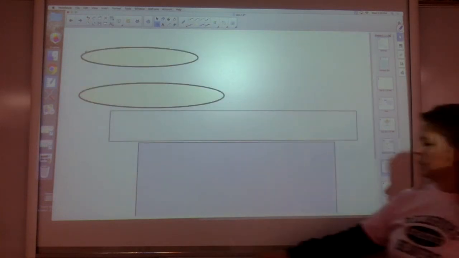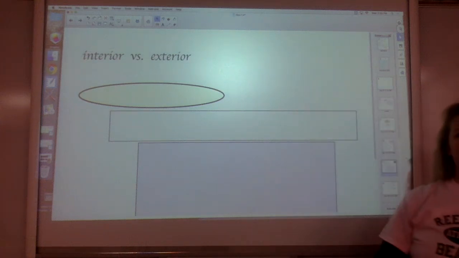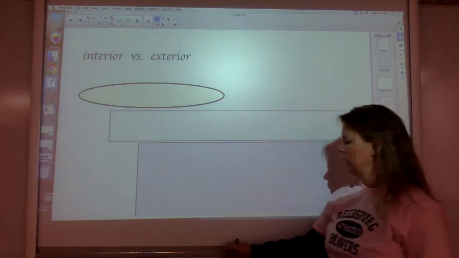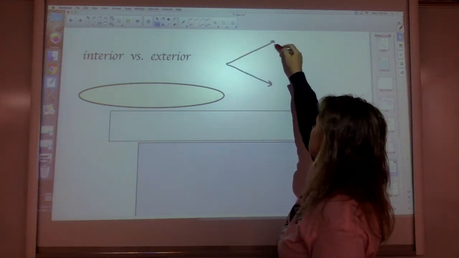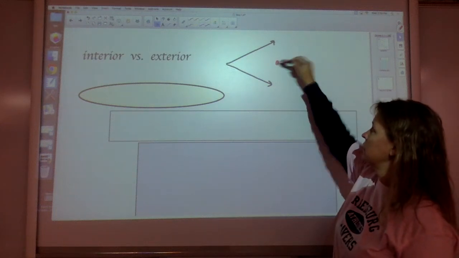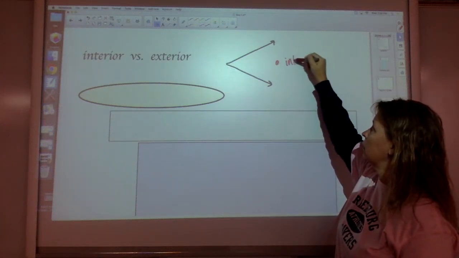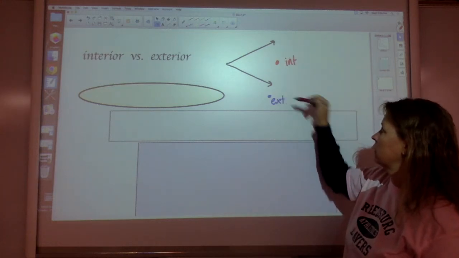All right, a couple other vocabs. Told you there was a lot. The difference between interior versus exterior on an angle. Go ahead and draw a quick angle. This red point is interior. This blue point is exterior.